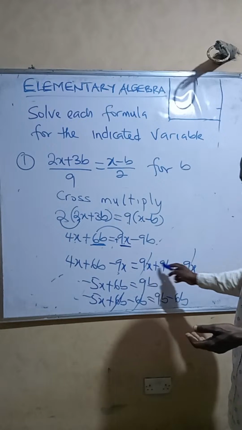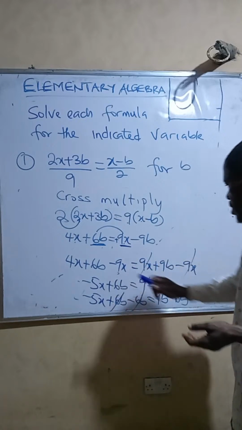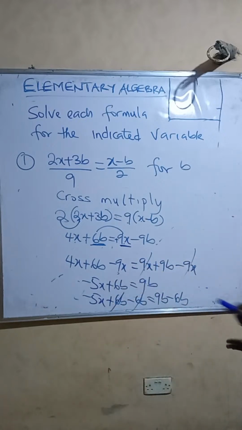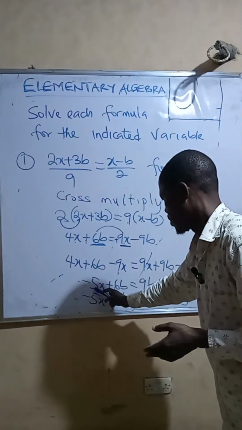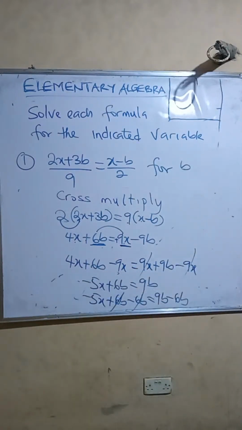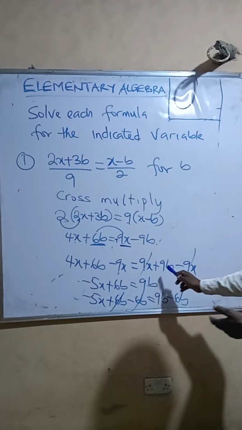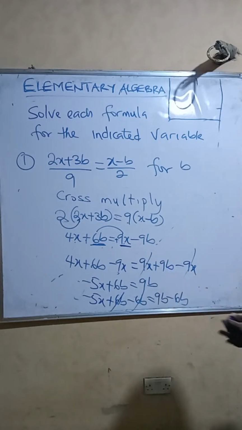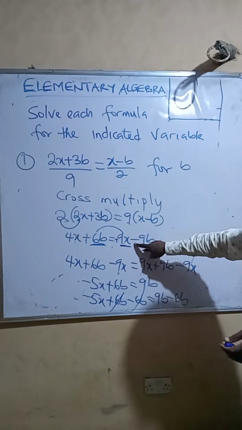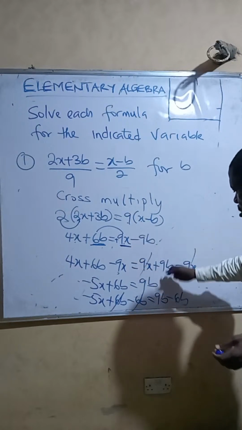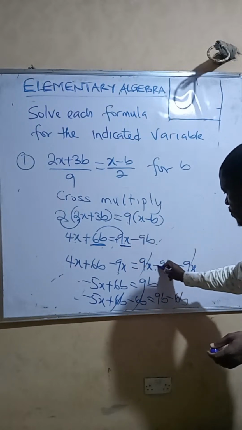From here, this is a plus 9x minus that. And then we have minus 5b plus 6b. Okay, sorry. This one, you can see here, this is minus 9b. So this one is minus 9b.